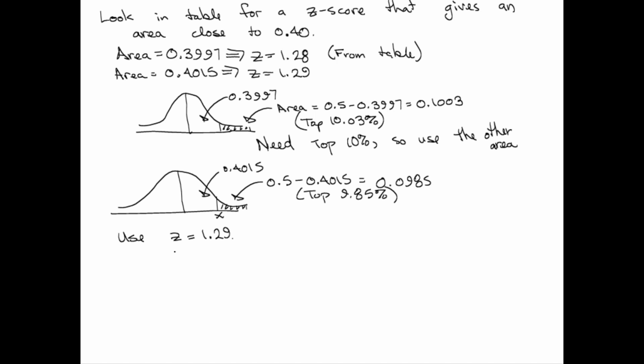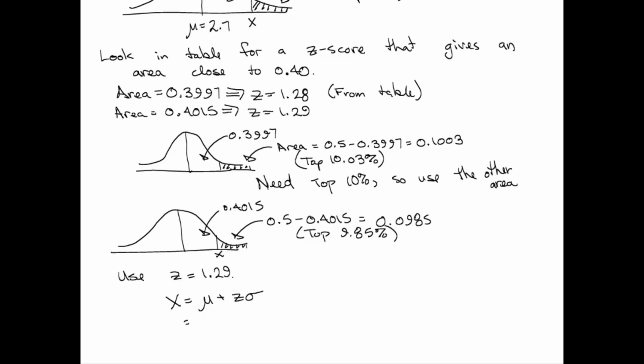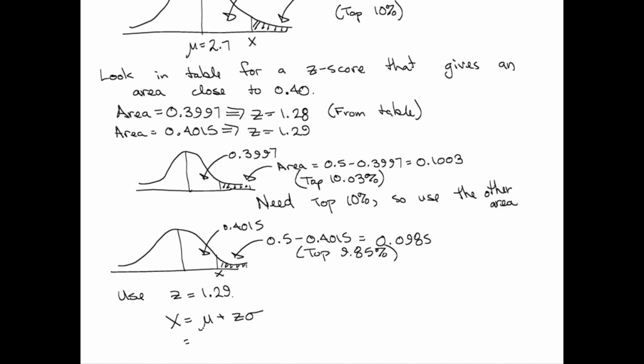Okay, so remember that your x is going to be the mean plus z sigma. So this is going to be, what was my mean? If we go back up, 2.7 was my mean.